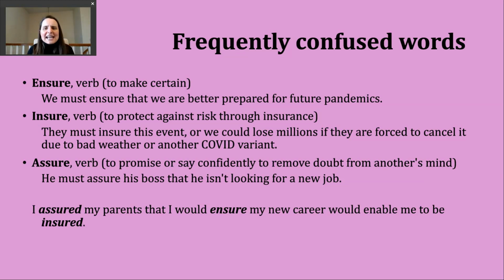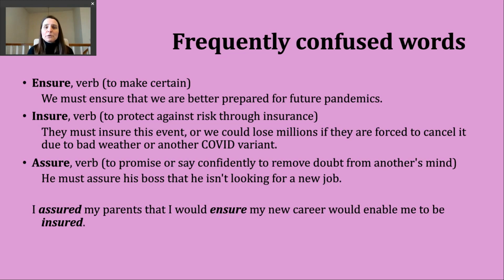And you're trying to say something very confidently so that the person you're talking to does not have any doubt, right? They don't have this feeling of like, I don't know if this is going to happen, right? So you're trying to promise and confidently say to them, trust me, okay? This thing will happen, or this thing won't happen, as it might be.